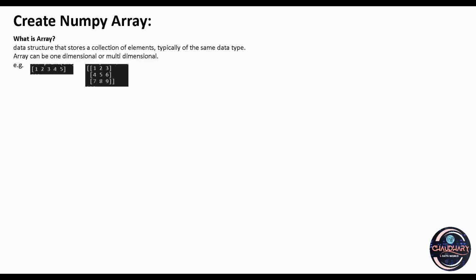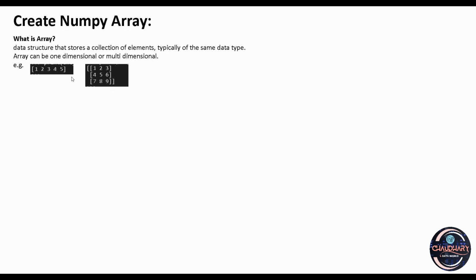Very first question before moving ahead with the types of creation: what is an array? An array is nothing but a data structure that stores a collection of elements. There are multiple other ways to store a collection of elements. That can be a list, or basically a dictionary, or any other type.